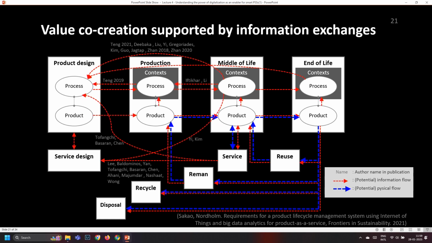Meaning that each research work has looked into either, let's say, production data to improve production, or use phase data to improve use phase, and so on. But this application of information across different life cycle phases is very rare, even in research.